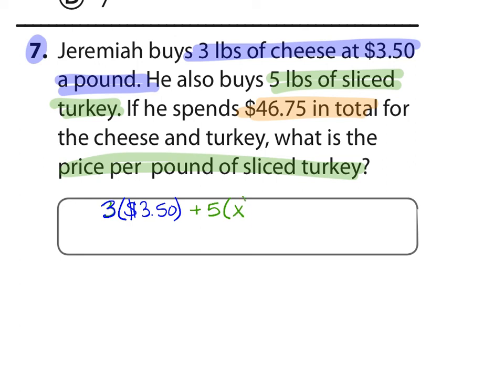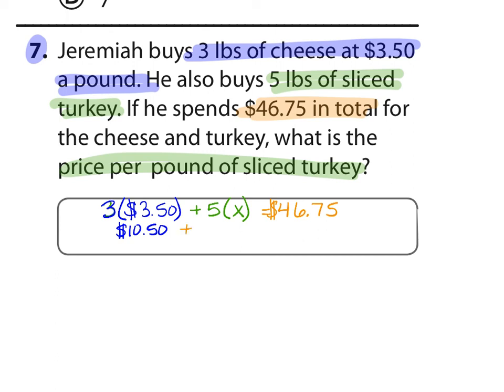Let's call it X. And in total, those add up to $46.75. So let's find X, the cost per pound of turkey. So 3 times $3.50 would be $10.50, the cost of the cheese.